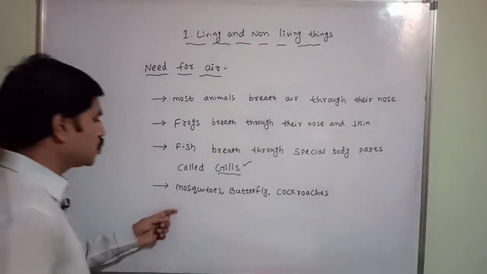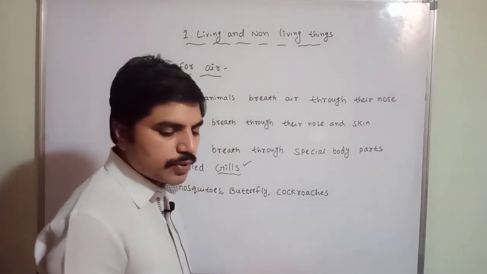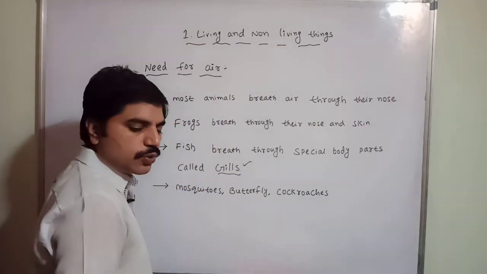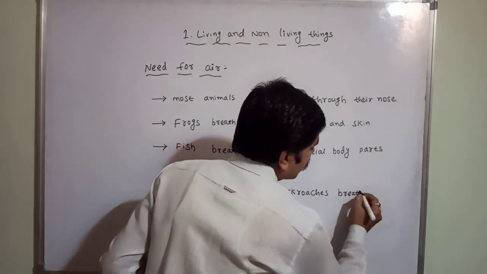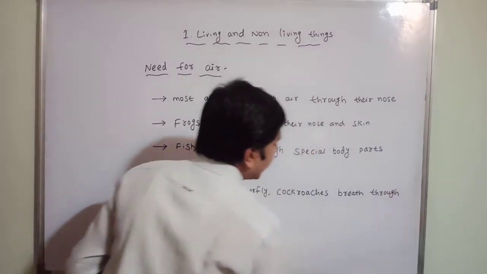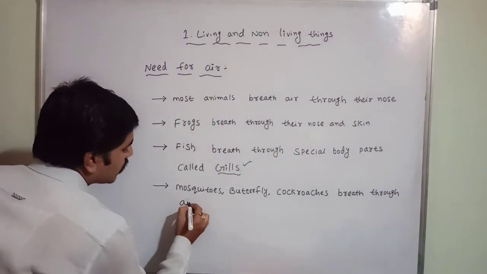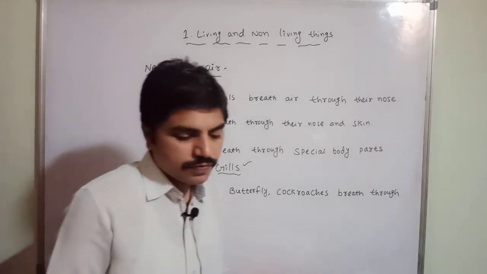So mosquitoes, butterflies, cockroaches, these kinds of animals breathe through air holes.